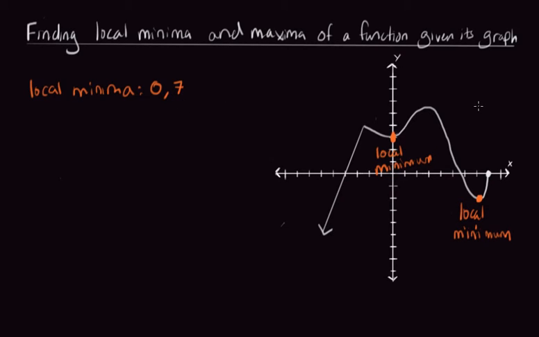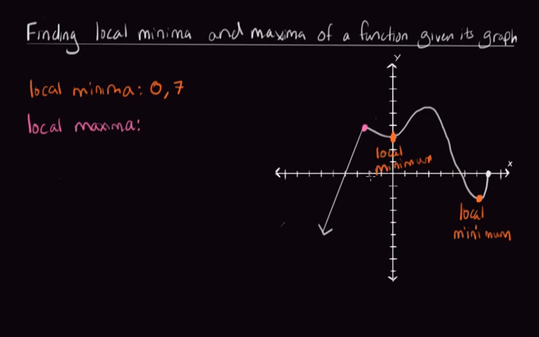Okay, so let's talk about local maxima. Again, maxima is just the plural of maximum. So we look for places where this graph gets to be like the top of a hill or the highest point in a particular area. If we look, we should see two of those also. I see one right here, and even though it comes to a corner, that's okay.